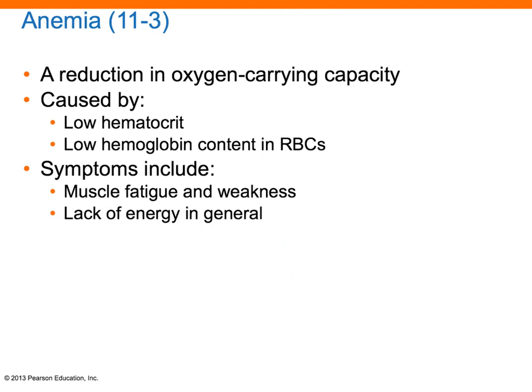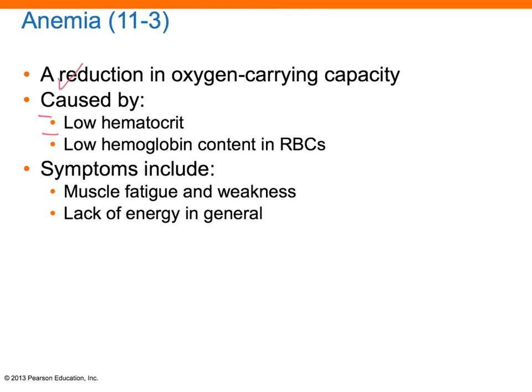Sometimes an individual may have a reduced ability to carry oxygen, a reduced capacity to carry oxygen. And this can happen because of a low hematocrit or low hemoglobin. Remember that in the lab, when you guys did the blood lab, you guys measured the hematocrit and the hemoglobin, and both of these tests told us how many red blood cells were present.